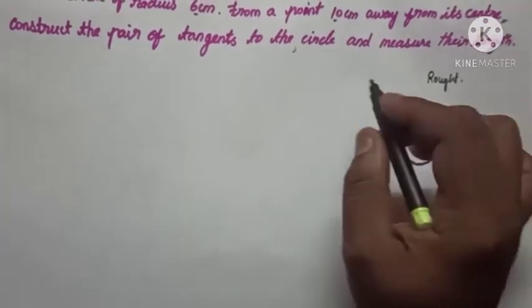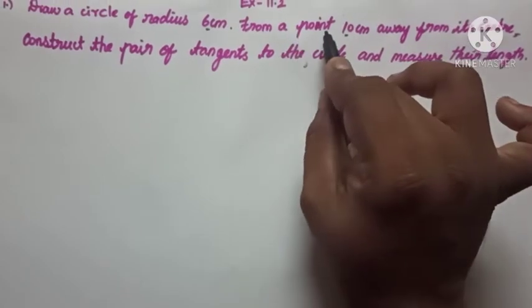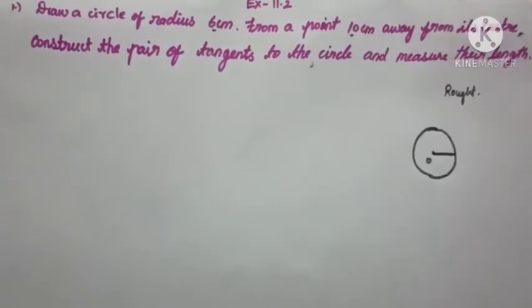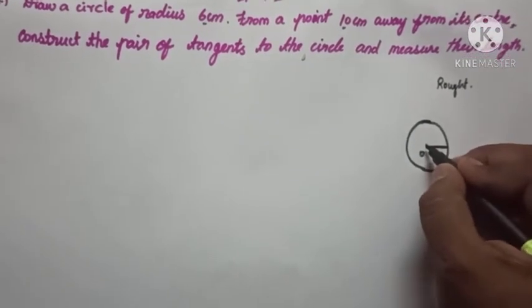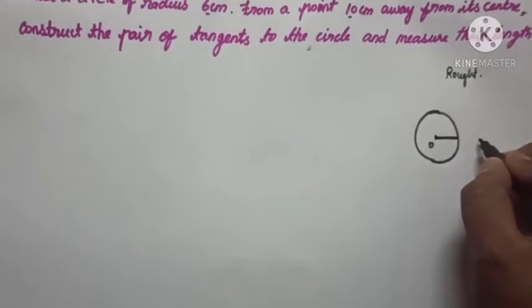Next we need to take a point 10 cm away from the center, using a scale. So this is the center, and we take one point 10 cm away from it.